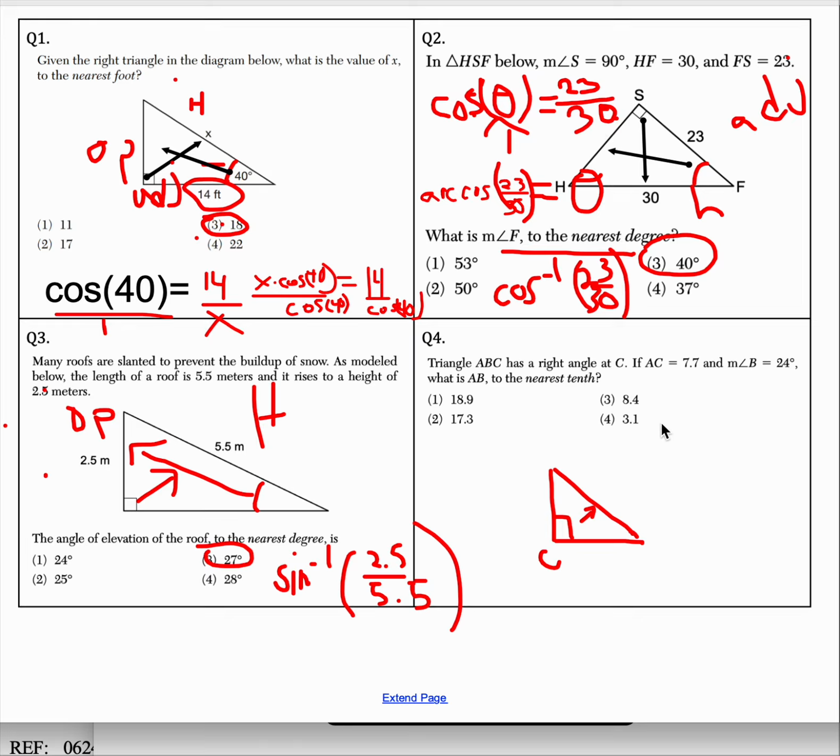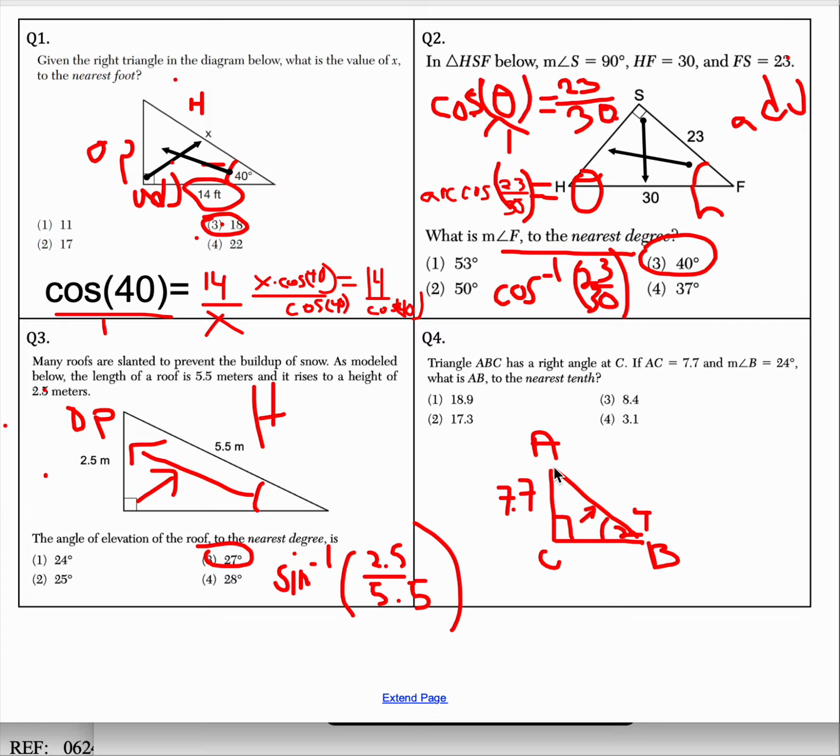So we have A, B. AC is 7.7, and B is 24.